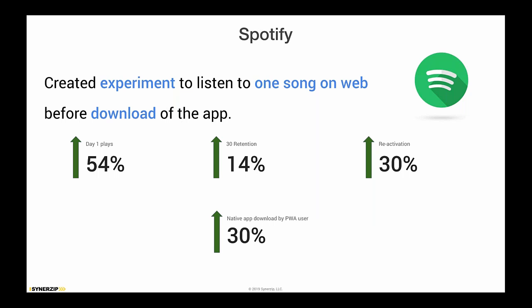You can have that immersive experience. Building that much of an app on web, I won't say it's not possible, but again, there are limitations to it. But in the case of Spotify, what they found is that PWA and native apps are not competing with each other, but complementing each other. So they saw a 30% increase in native app downloads by PWA users.